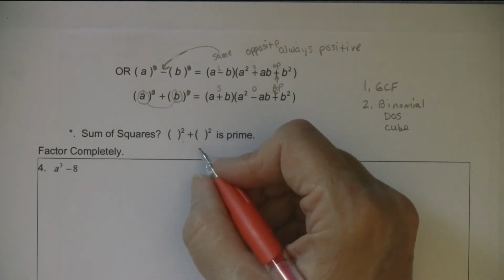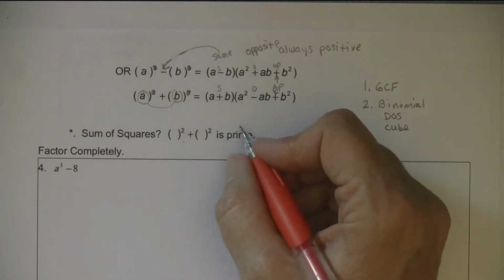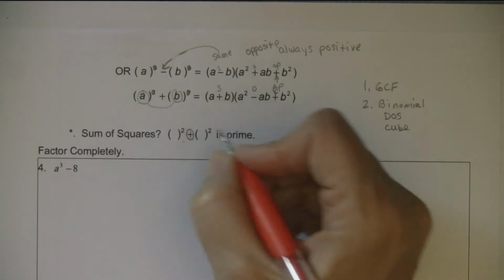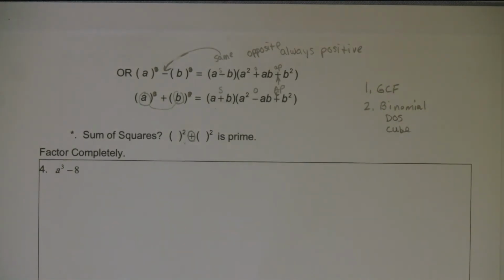Now the sum of squares, the reason they keep bringing it up, that it's prime, when there's lots of things that are prime, is because it tricks people because it's so close to the difference of squares. It has just the difference.